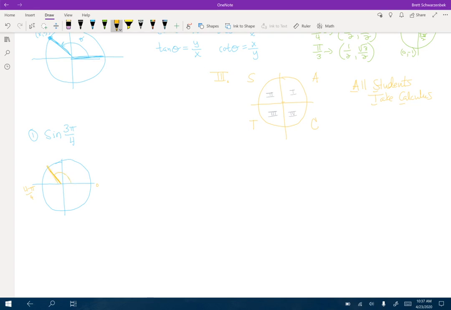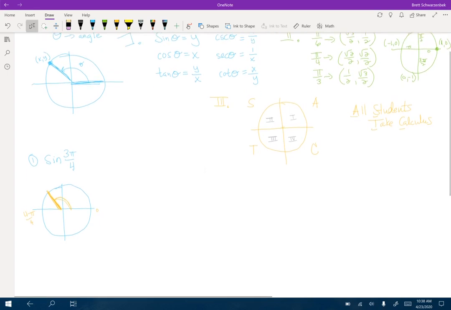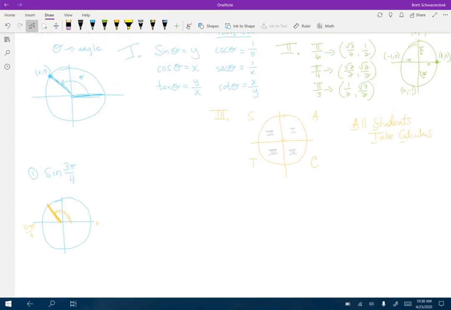So basically we are in the second quadrant. That'll come up in a second as something important, but we need to know where it is. So what is our first step? Well, we ignore 3 pi over 4 and think about what the reference angle is going to be. And the reference angle is actually this guy over here.